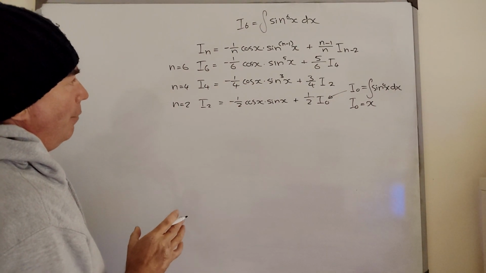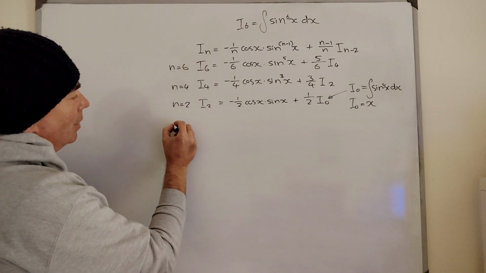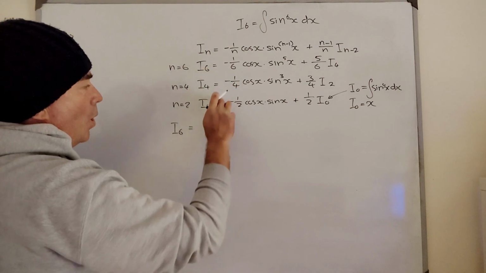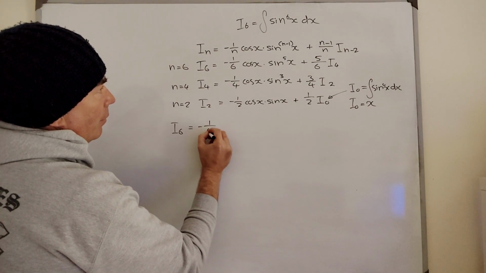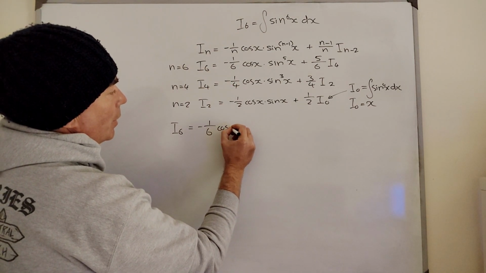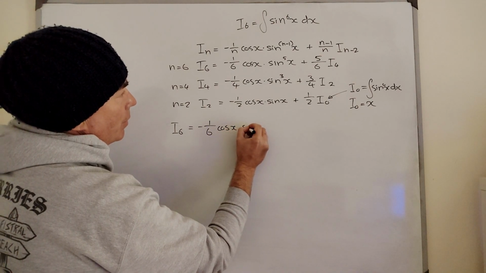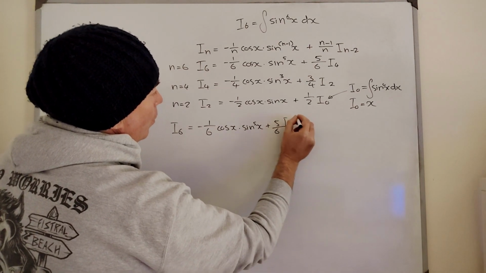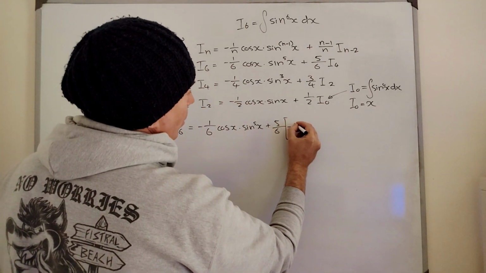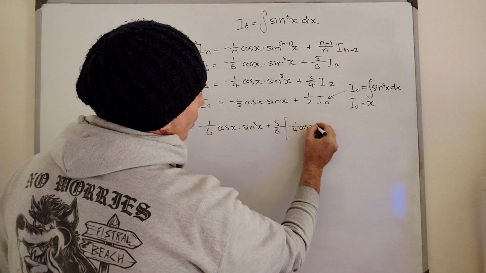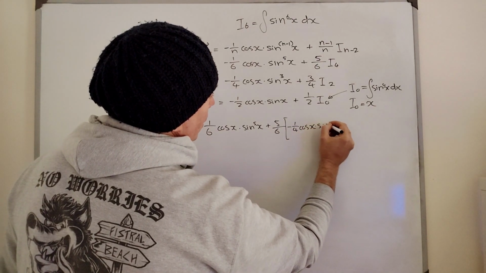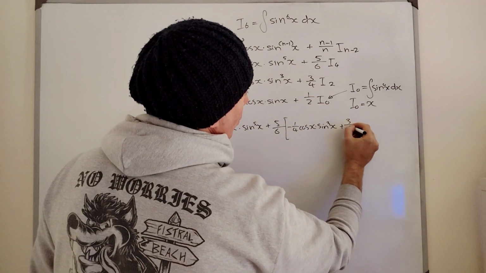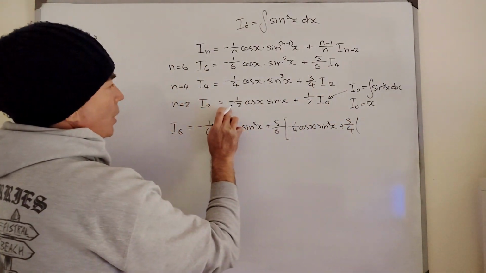So now we've just got to plug everything back in order. So I6 is what we're after. We're going to start here and work our way down, putting in our varying substitutions. So we've got negative 1/6 cos x times sine to the 5 of x plus 5/6 times I4, which is this thing, which is negative 1/4 cos x times sine cubed x plus 3/4 of I2, which is going to be equal to this thing.